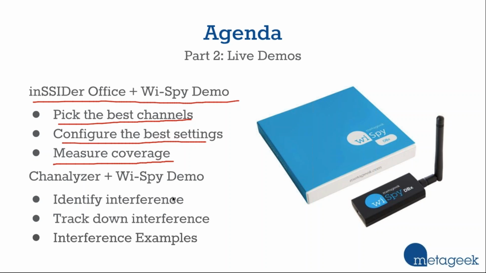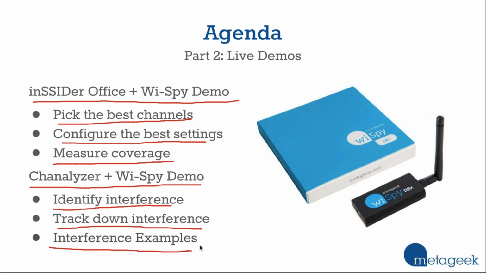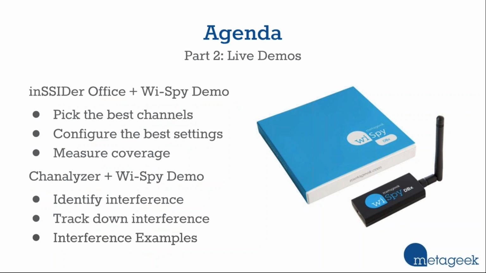After that, we'll look at a couple more slides to introduce Chanalyzer and the Wi-Spy from that perspective, and we'll talk about how to identify sources of interference in the spectrum, things like microwave ovens, cordless phones, and wireless video cameras. I'll show you how to identify and track down those sources of interference, and then we'll finish up with some examples of different types of interference that you might see in the spectrum. After that, I'll hand it back over to the Arachnus team to finish up the webinar.